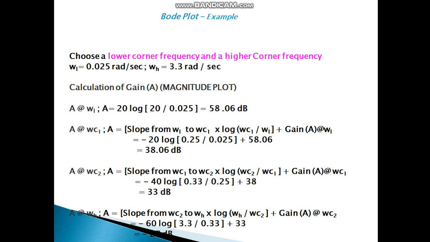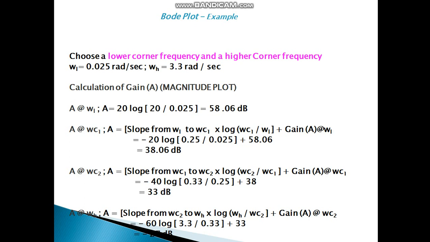Next find the magnitude at omega equal to 0.25. So the formula is A equal to slope from omega 1 to omega c1 into log of omega c1 by omega L, plus gain of the previous one. So you will get the answer 38.06 dB.